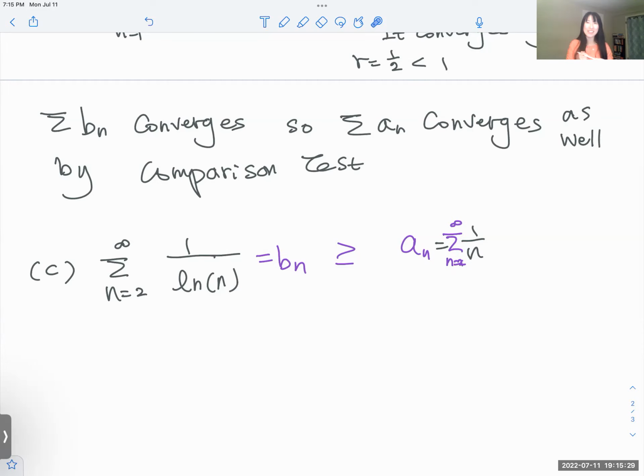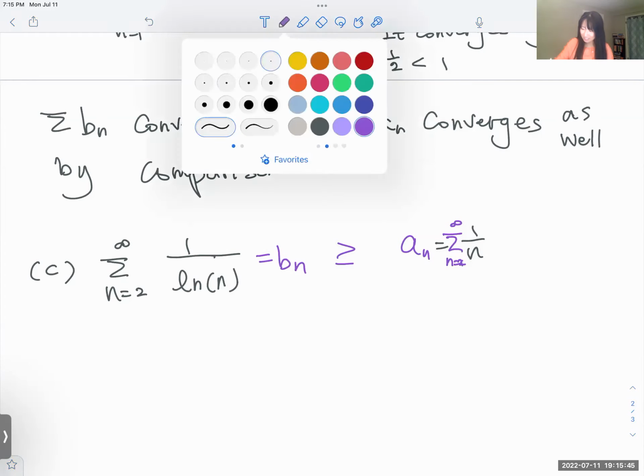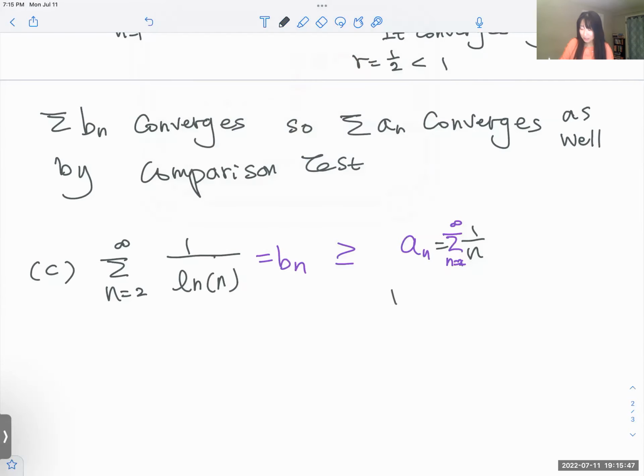Why does this converge, right? Okay, then if you cannot think, I'm going to say this diverges. Why? The comparison test. It diverges.